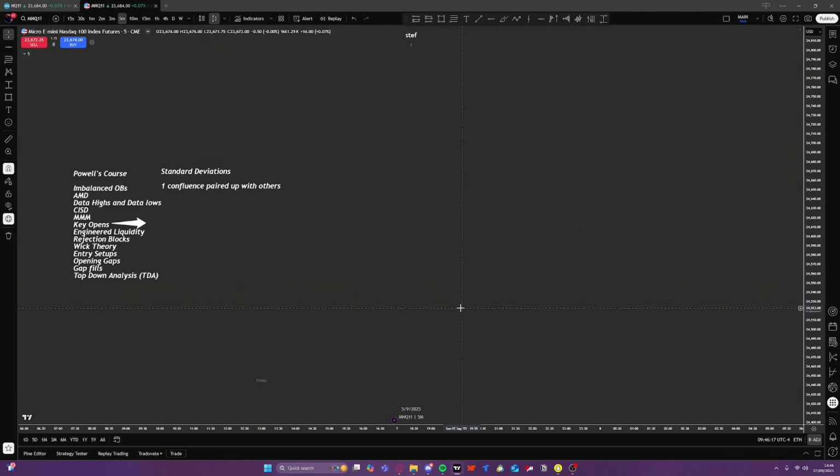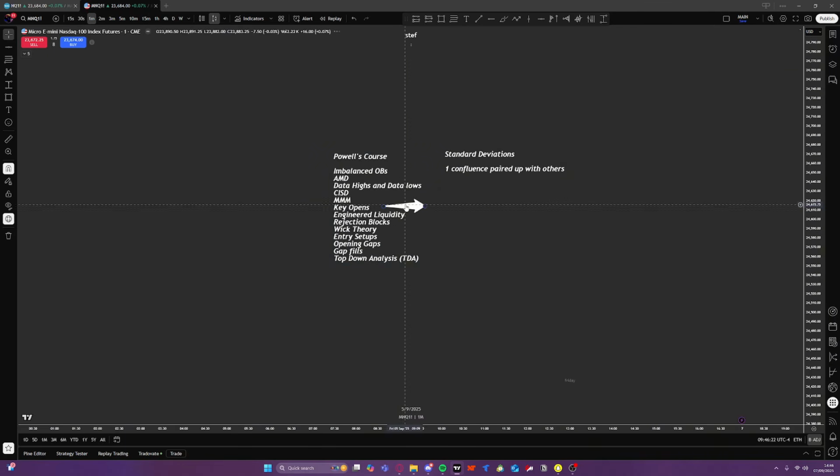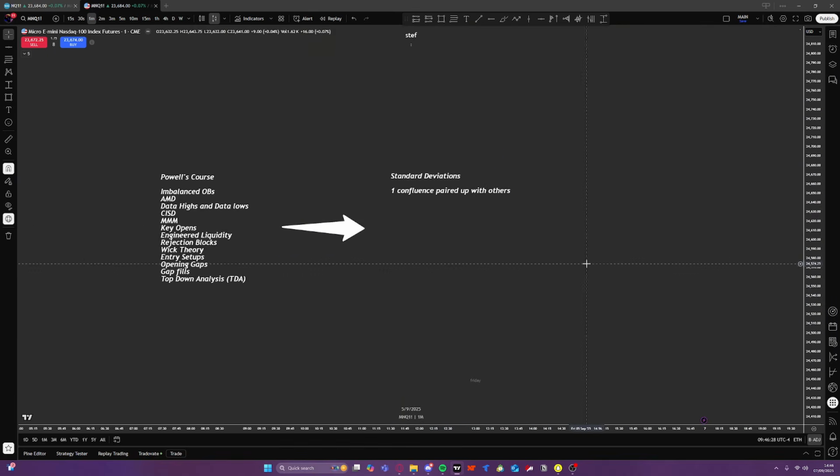What else? So you want to base these with higher time frame PD arrays. So literally higher time frame anything: CISD, imbalanced order blocks, rejection blocks, opening gaps, whatever.